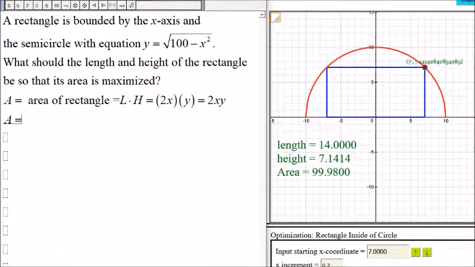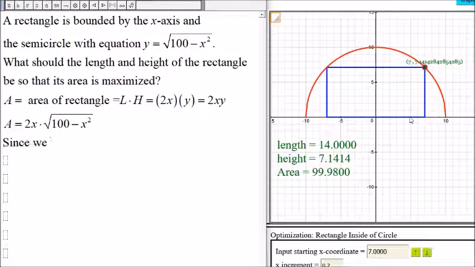And so the area will be 2x times, from the equation of the semicircle, y equal to the square root of 100 minus x squared. Not x squared minus 100. And so we multiply by this, and we want the maximum area.